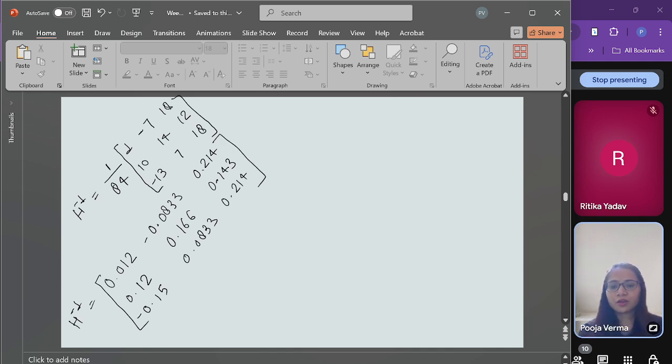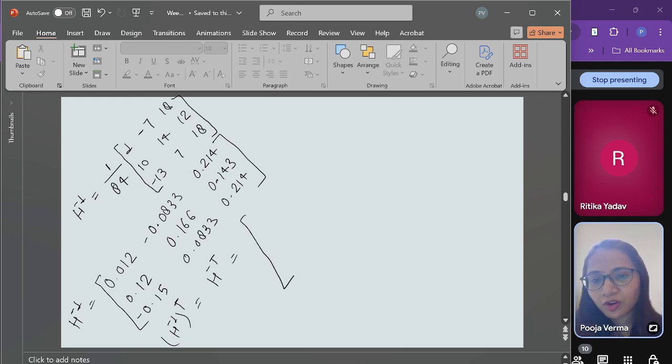Right? But we have got the H inverse, and we need to find out the inverse transpose, that means H to the power minus transpose. So just change the rows into columns and columns into rows.